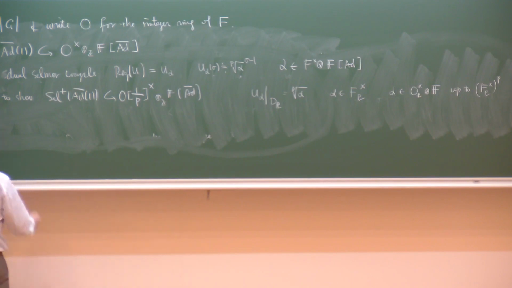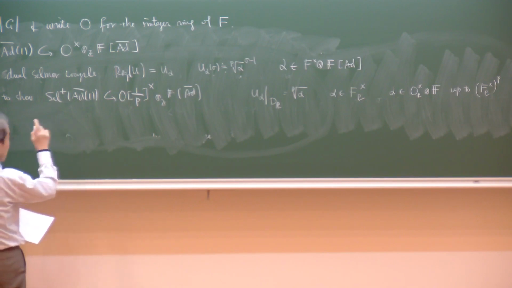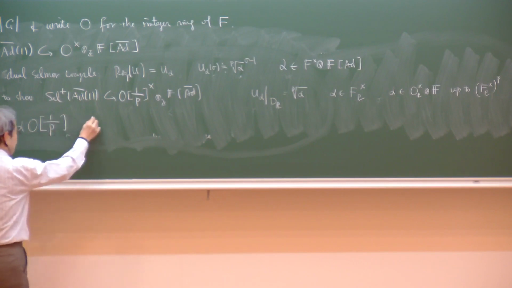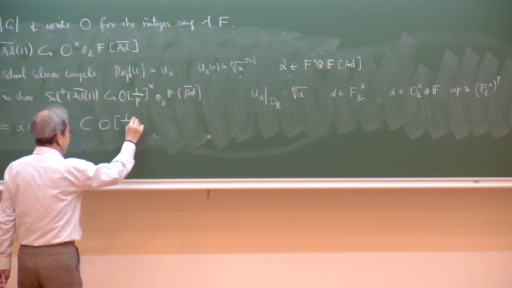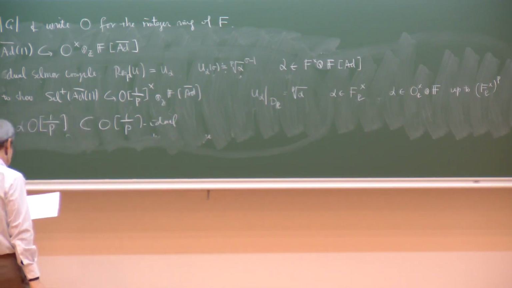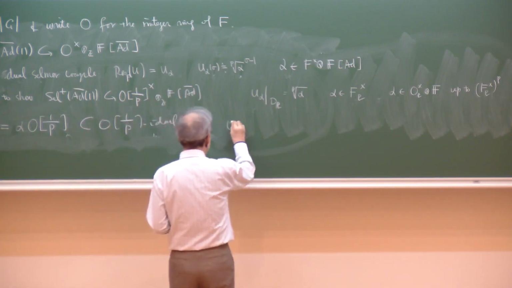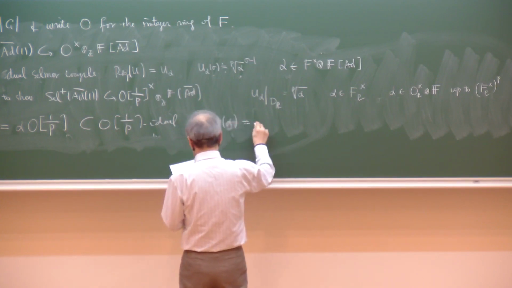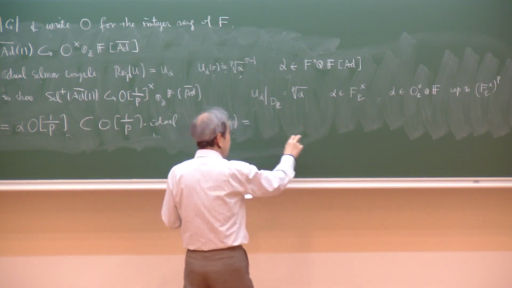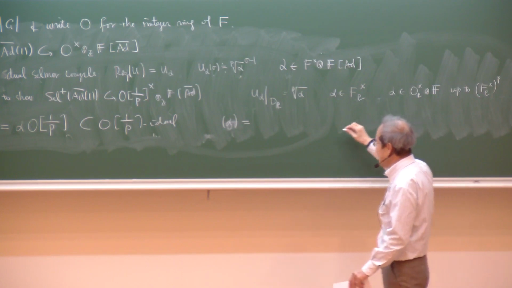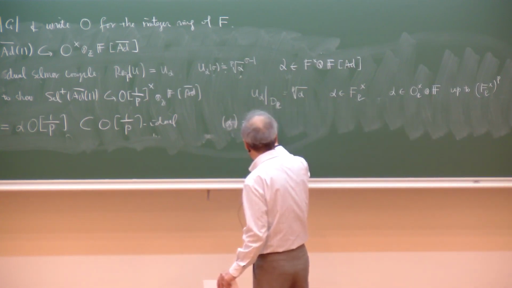That means you consider the principal ideal generated by this global element alpha. So alpha times O[1/p]. So this is an O[1/p] fractional ideal. Okay, so I just make a decomposition. Alpha is, because of this, right? The exponent showing up here, you have some prime showing up.